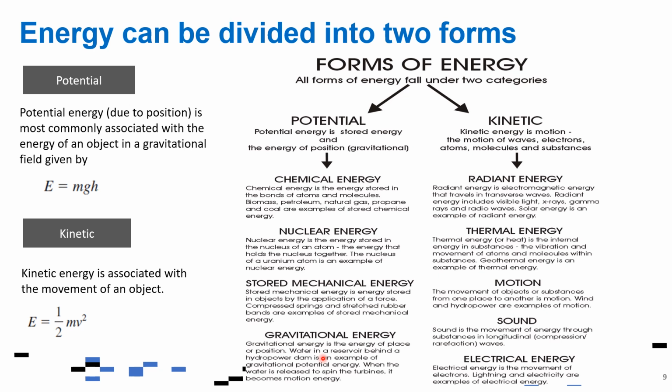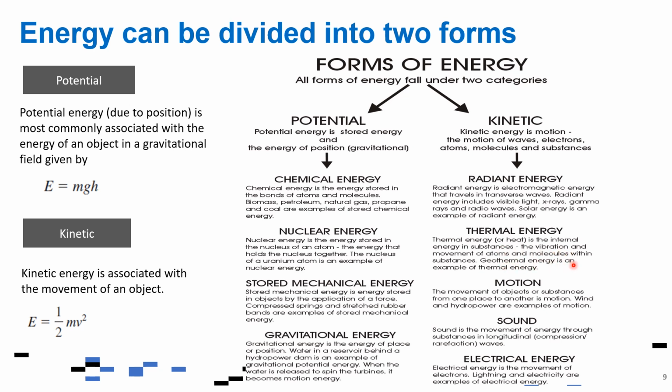to power that turbine to produce electricity. The other one is kinetic energy, which is based on motion. Radiant energy is based on electromagnetic energy, the light that travels, and heat. Thermal energy is based on the heat, the internal energy in substances. This is based on vibrations.